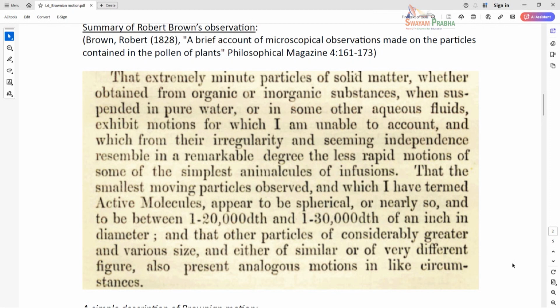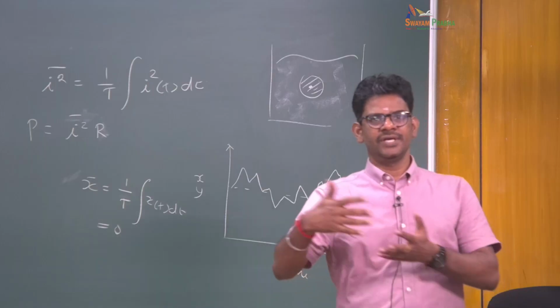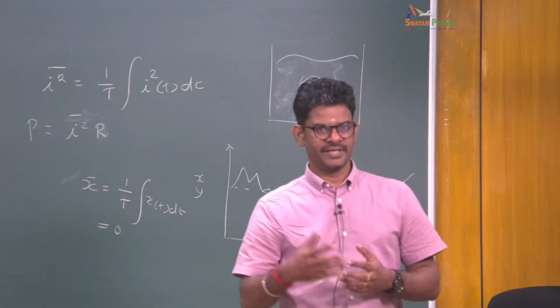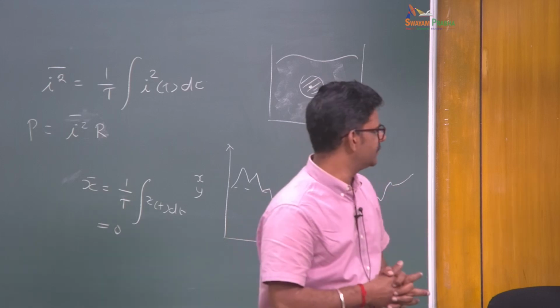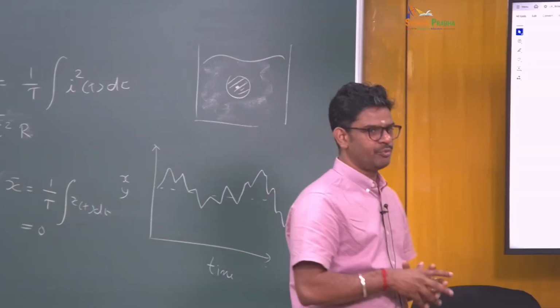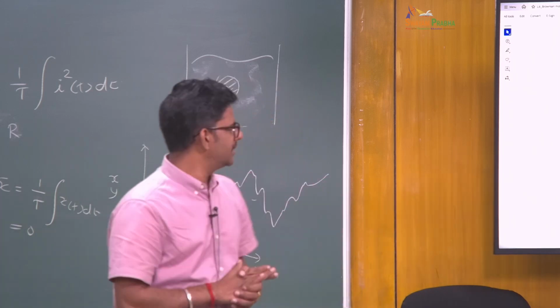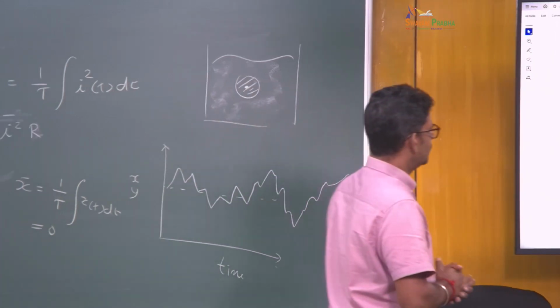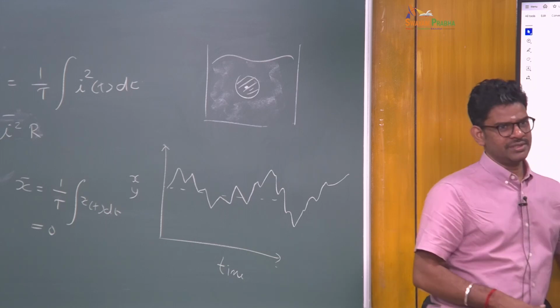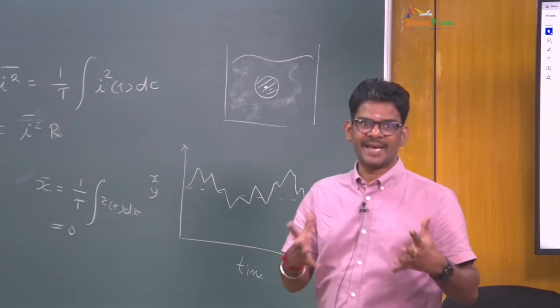So here he is saying that when solid particles are very tiny in size, whether they are derived from organic matter or inorganic matter like oxides and other solid particles, when suspended in pure water or in any other aqueous media, they exhibit irregular motion, and he is not able to explain why that motion happens.